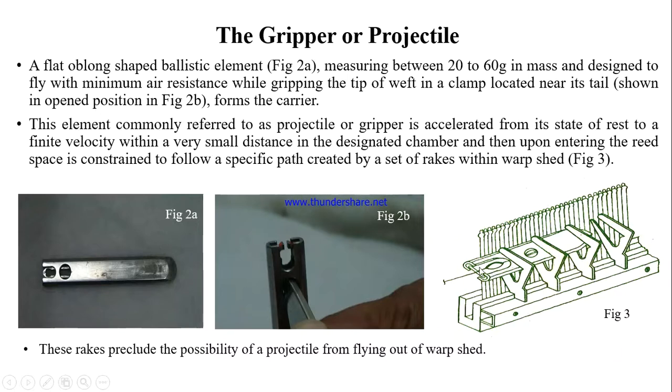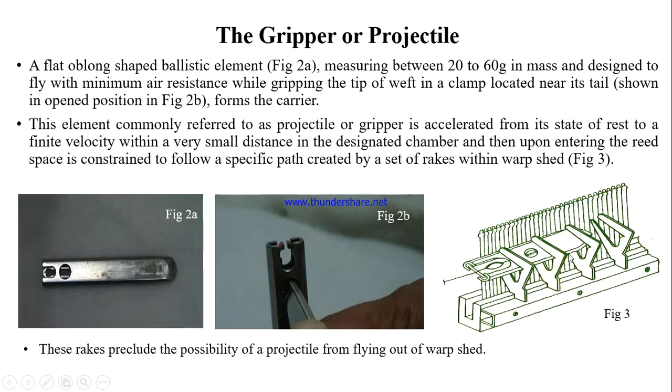So basically, when this projectile will be inserted inside the shed or in the reed space, then there will be a projectile guide. Okay, here you can see the arm-like element. This is called guide, projectile guide. The projectile is actually getting its path inside this guide.